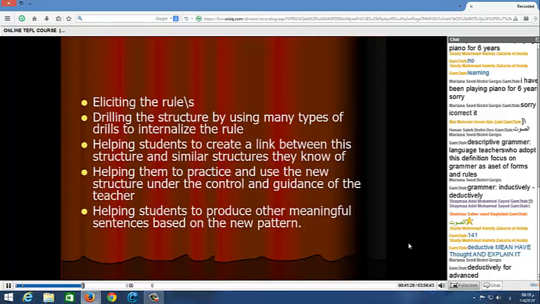So we have 3 types of drills that can be used in drilling the structure. No, drilling you are teaching.